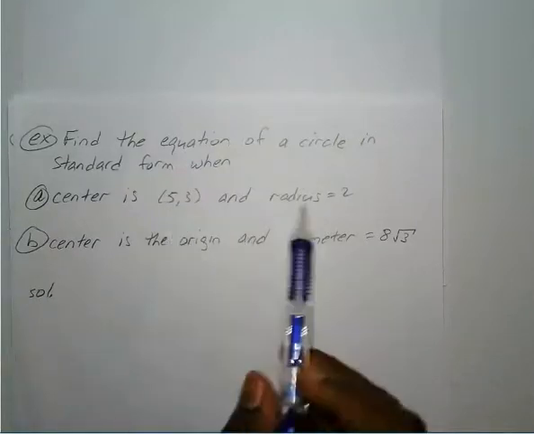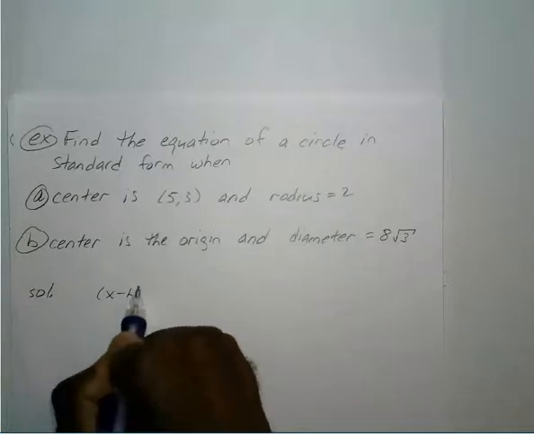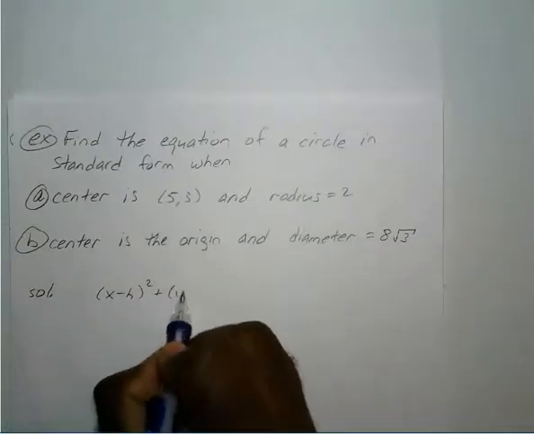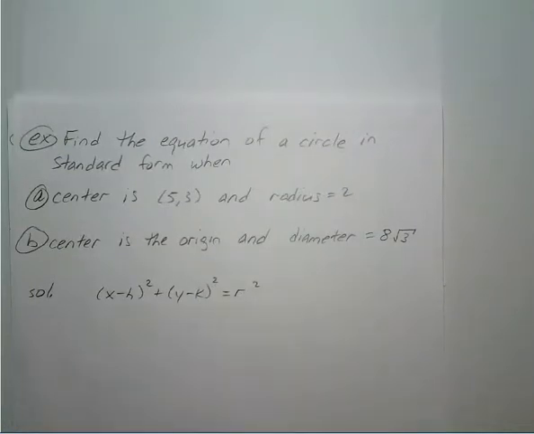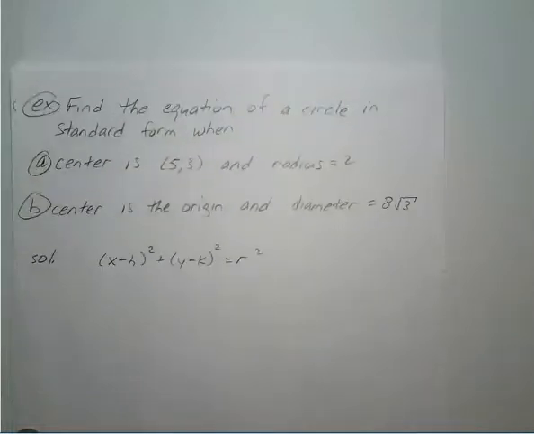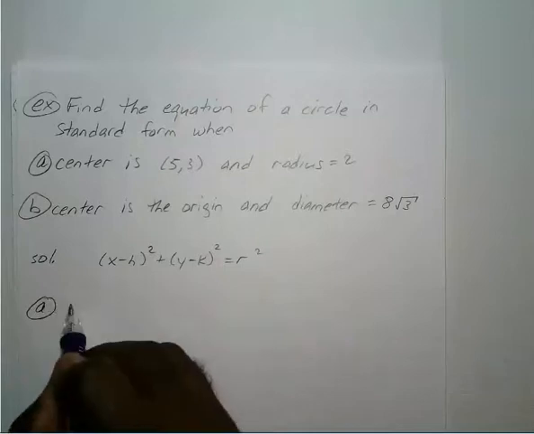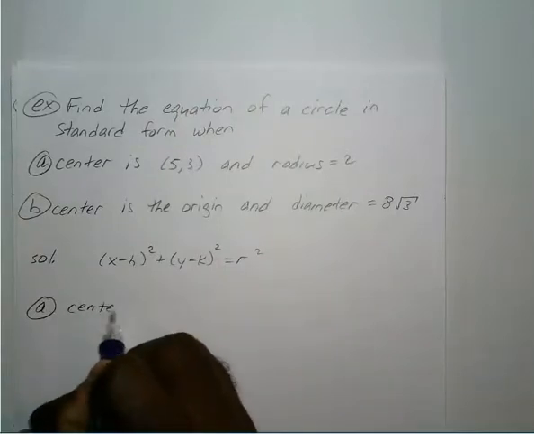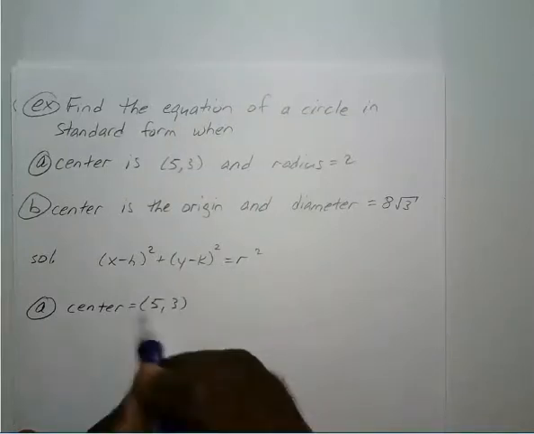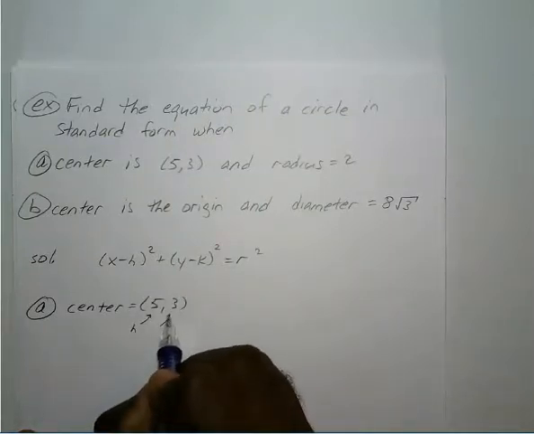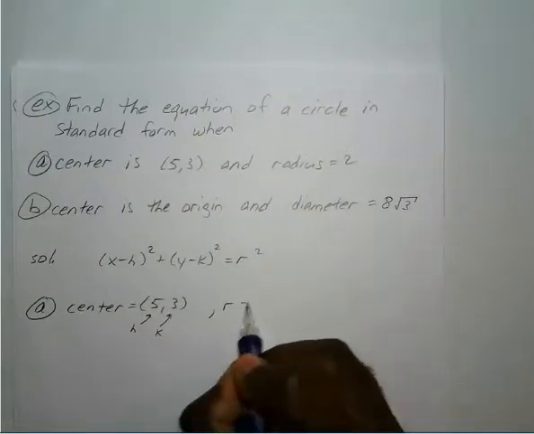Now when they give you the center and the radius, it's not so bad. Because remember, it's in the form (x minus h) squared plus (y minus k) squared equals your radius squared. Okay, that's your standard form. So for problem A, we know that the center is (5, 3). Remember, that's your h, and that's your k. And your radius is equal to 2.